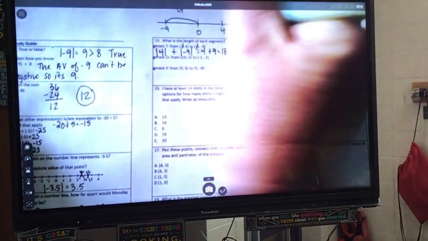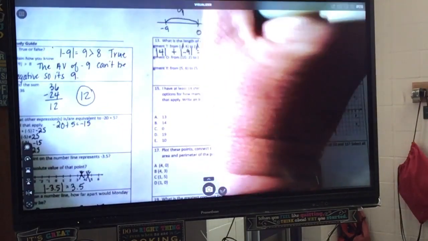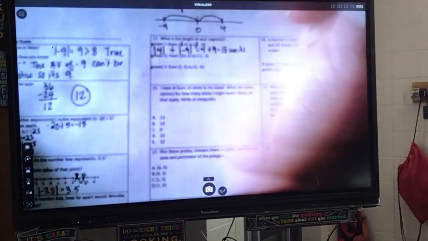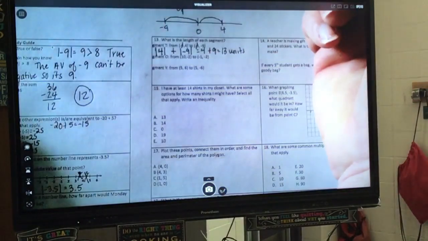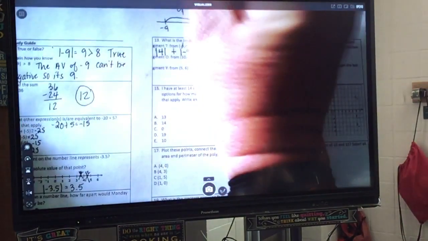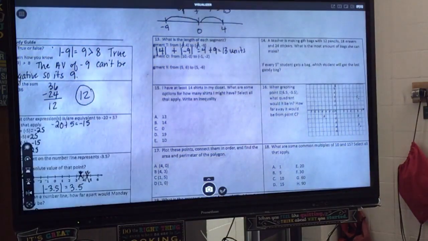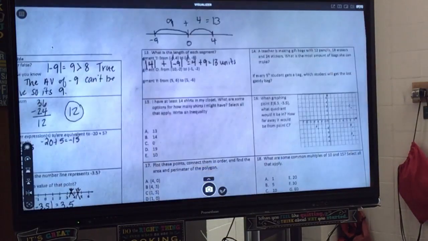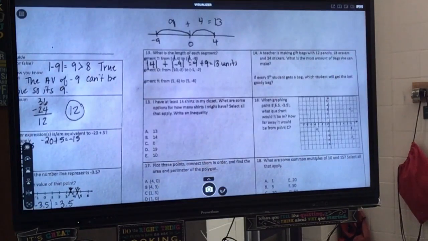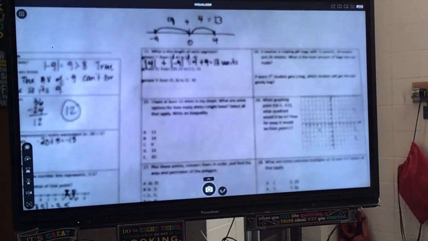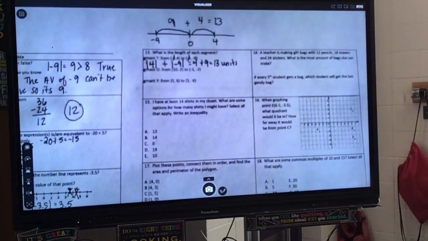And how many hops does it take me to get from 4 to 0? 4. I'm going to add those two and I end up with 13. That's another way you can do it because we're only actually dealing with two numbers, since we're getting rid of the other coordinate. Does that make sense?